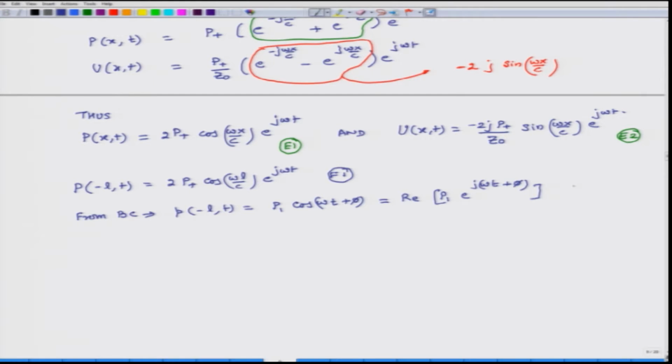Okay. So, this is F 2. So, what we do is we equate F 1 and F 2.